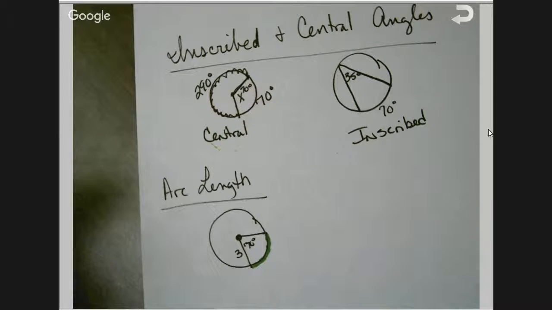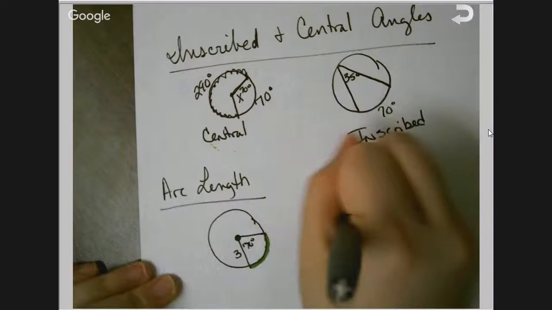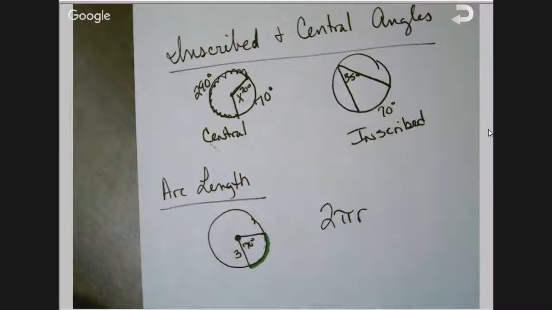I told you in class I didn't expect you to know the formula off the top of your head, but to think through it. If we're talking about length, are we going to deal with area or circumference? Circumference, very good. So 2 pi r. That's a formula that by now is probably embedded into your brain. You've heard it 1,000 times, not just in my class, but in others. So we have 2 pi r for the circumference, but this is for the whole circumference.